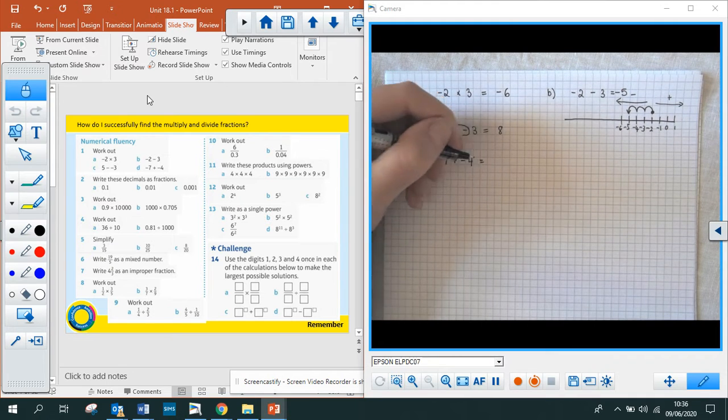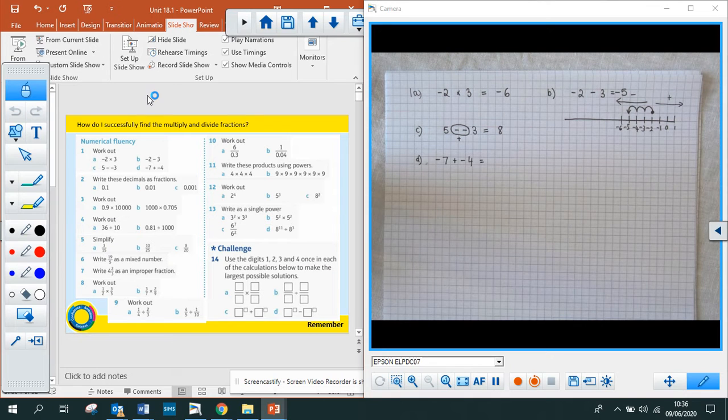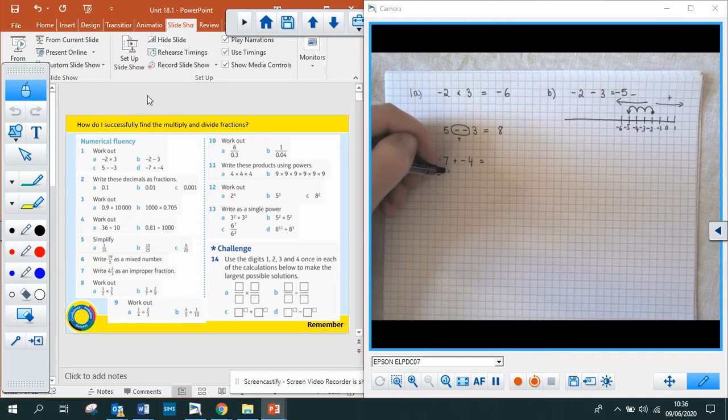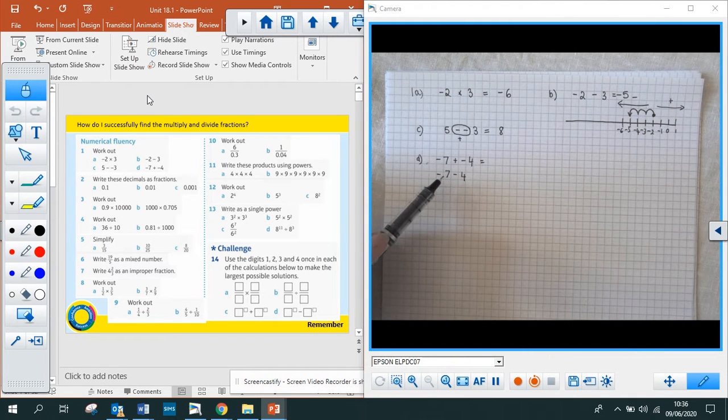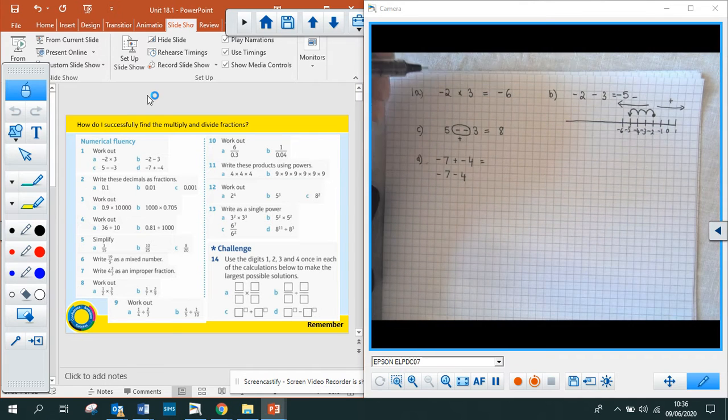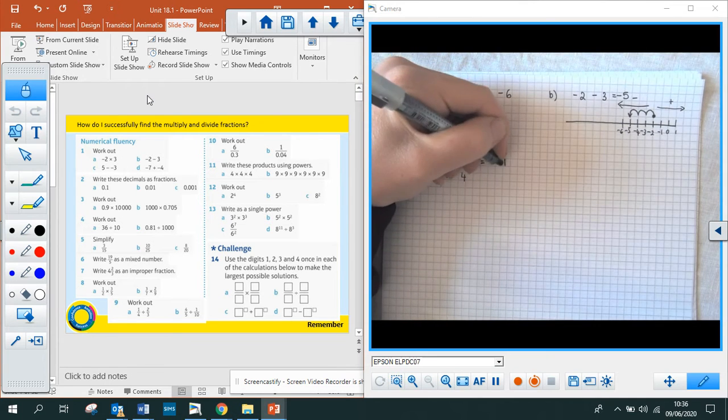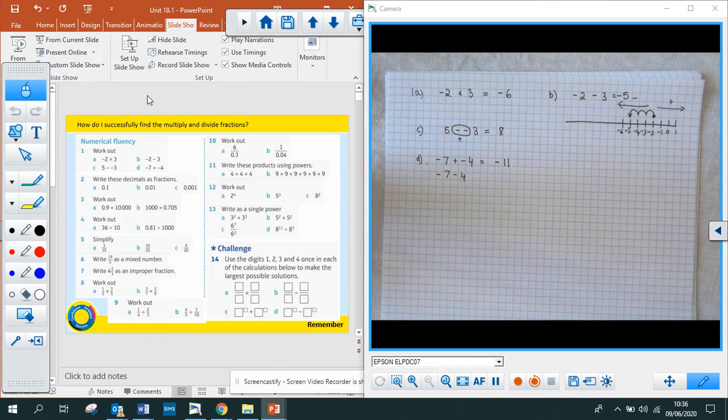That's essentially -7 minus 4, so that's similar to B. I start at -7 on my number line and I'm minusing another 4 from it. So -7 plus -4 is going to be -11, and that's your answer there.